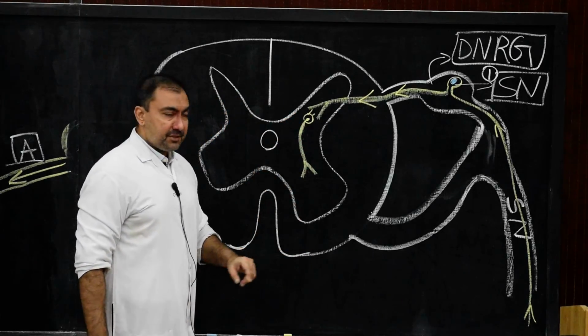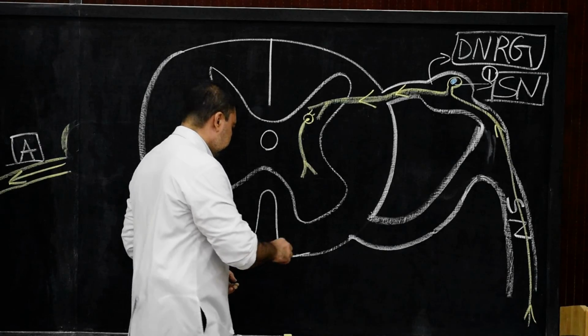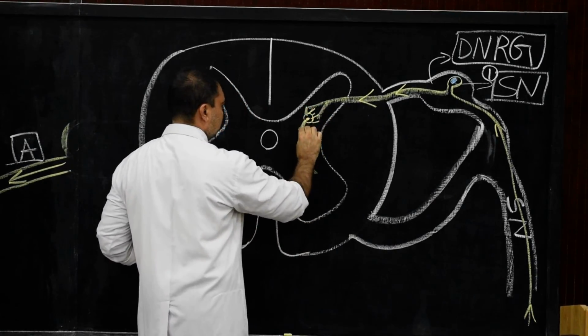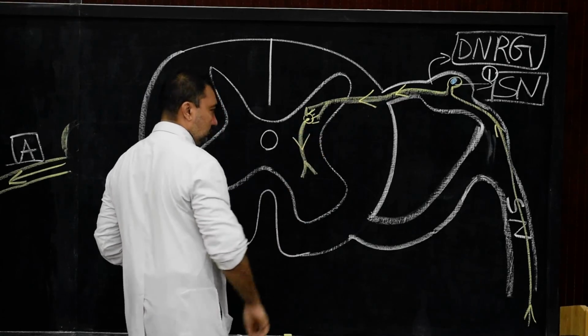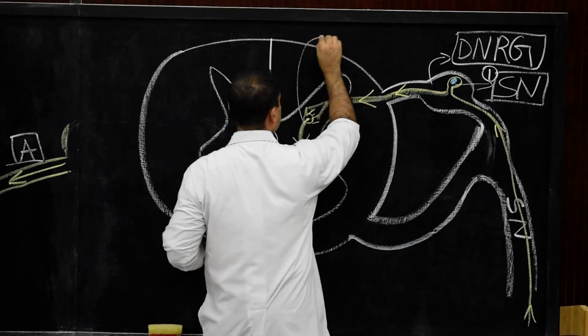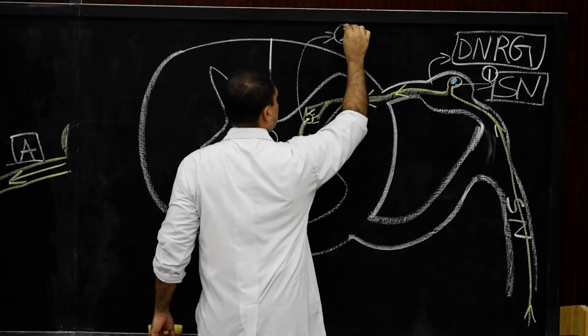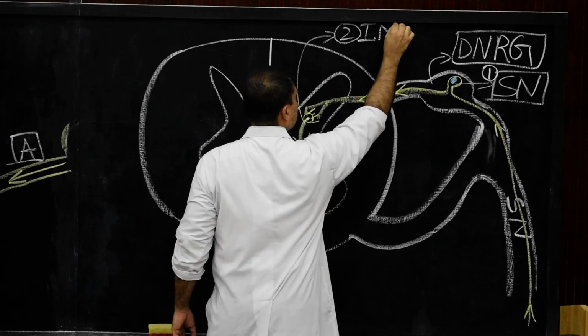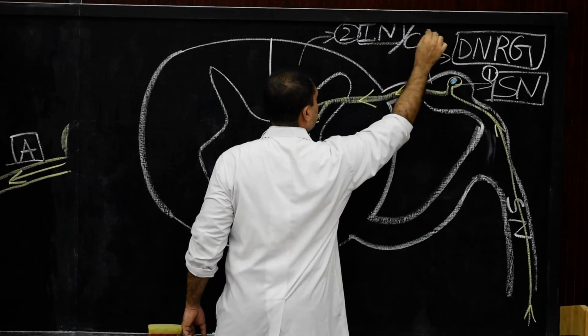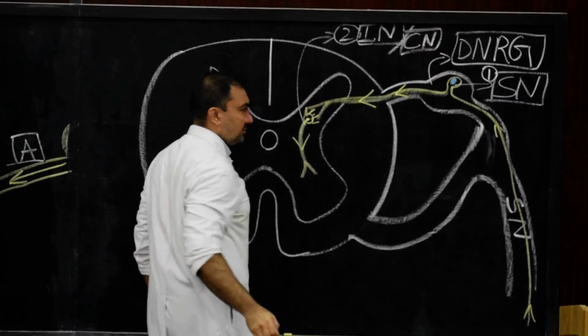Therefore, based upon their function, for the second variety of neurons, these are the dendrites and this is the axon. These neurons are known as number 2, internuncial neurons, or connector neurons.